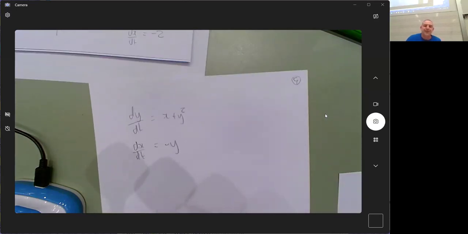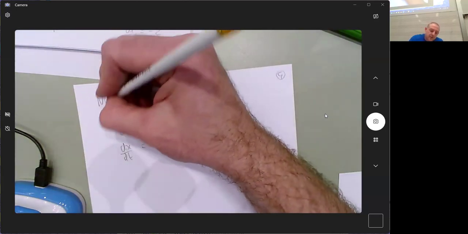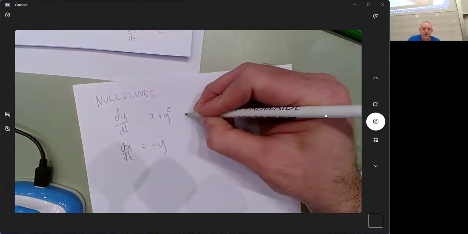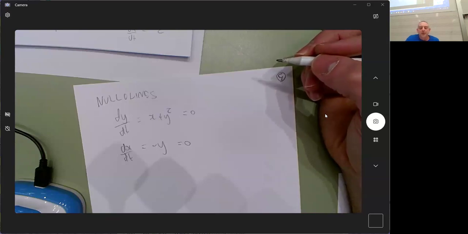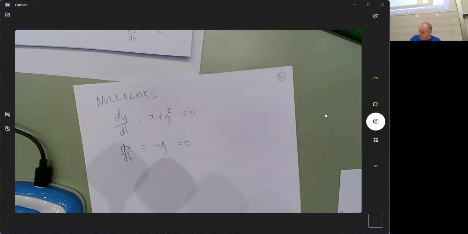So nullclines are when these things are 0. And null meaning 0, incline meaning incline, so derivative. The nullclines happen when the two separate derivatives are 0. And they are places where the speed is 0 in the two different directions.